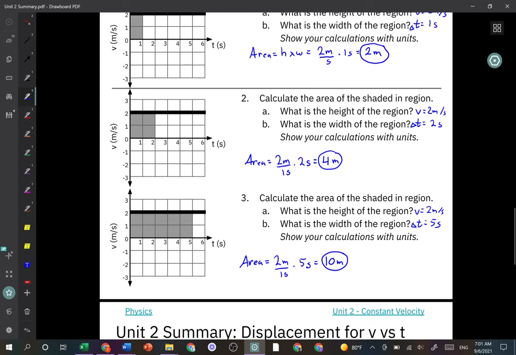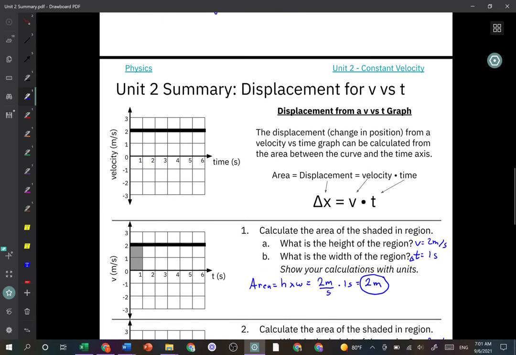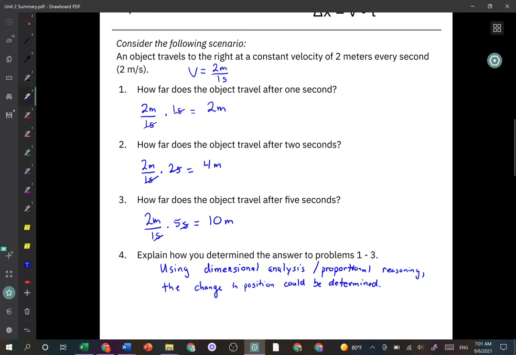Now, in each of these 3 regions of the graph, where we calculate the displacement from a velocity versus time graph, those should correspond to our answers from the previous part where we were just looking at it using proportional reasoning, where in the first 1 second of travel, we traveled a change of position of positive 2 meters.